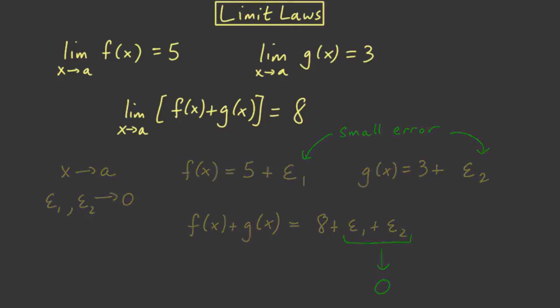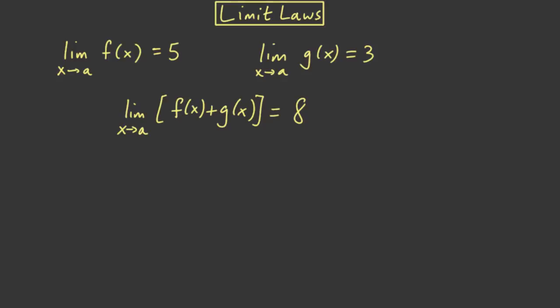So I'll erase this first, and then the general statement is if the limit as x approaches a of f of x equals some number L, and the limit as x approaches a of g of x equals some number m, then the limit as x approaches a of the sum f of x plus g of x is L plus m.